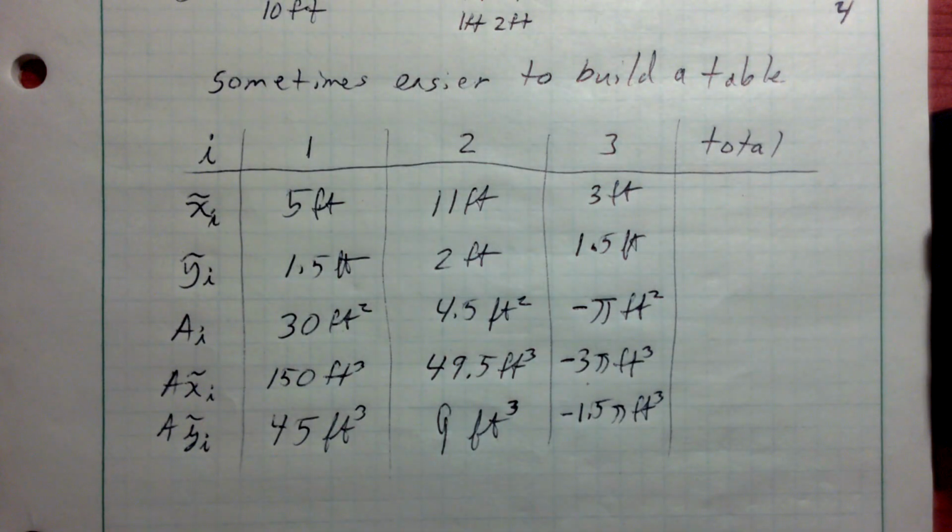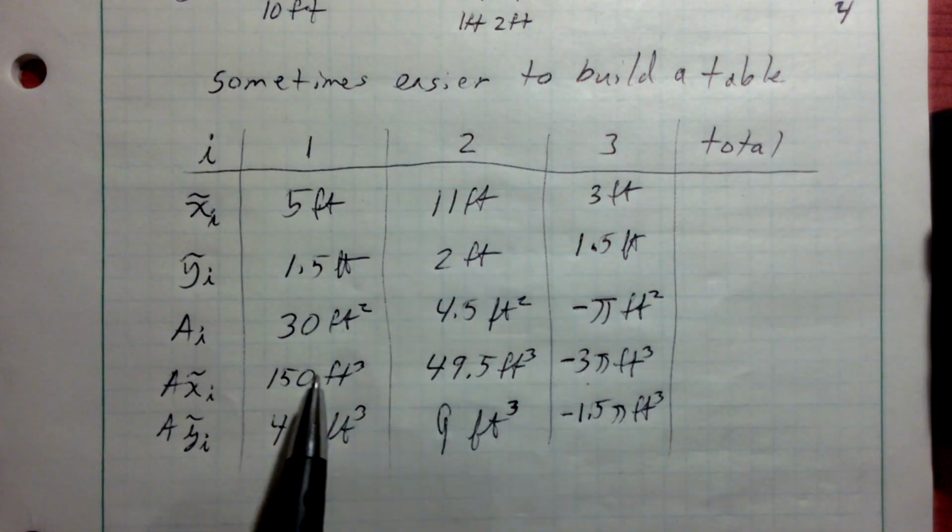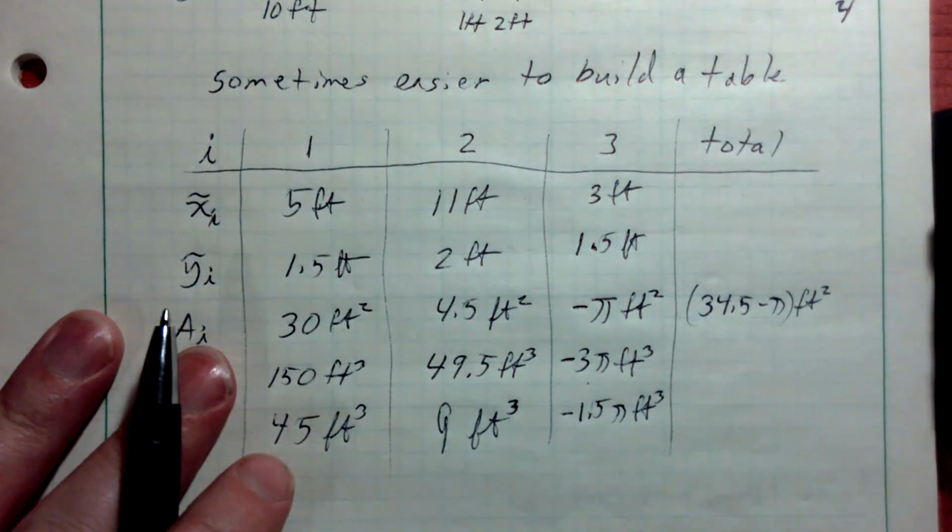Okay. Now the totals, you don't have to total these first 2 rows, but you do want to total the area. So the area is going to be 34.5 minus pi feet squared.